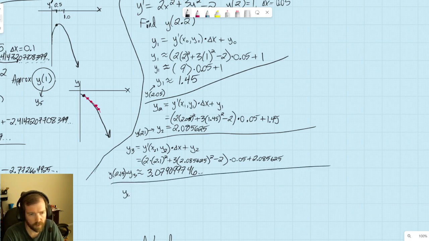Okay, and y4 is equal to y prime at x3, y3 times delta x plus y3.